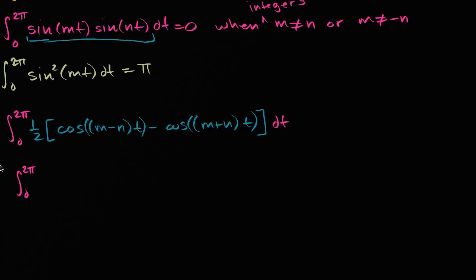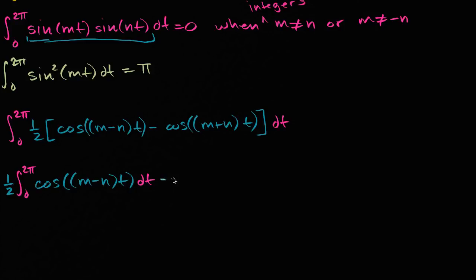So we could have this 1/2. Let me write it in that same color. That 1/2 right over there times the definite integral from 0 to 2 pi of cosine of (m minus n)t dt, minus, and once again, I'm just distributing this 1/2 and taking it out of the integrals.